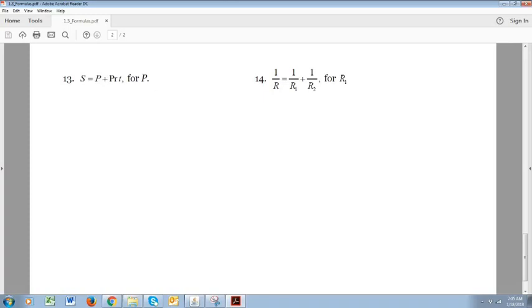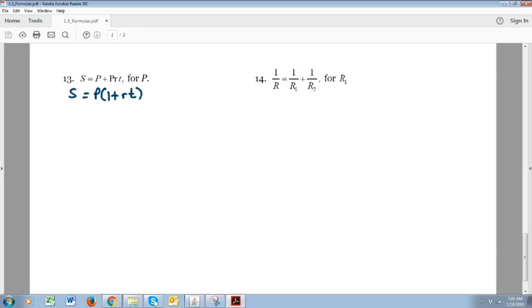But think about this. We learned a technique called factoring out a GCF, and on the right side there's a common factor of p. So we're going to factor out a p. P times 1 would be the p, and p times rt would be the prt. So all we've done is factored the right side by factoring out a p.